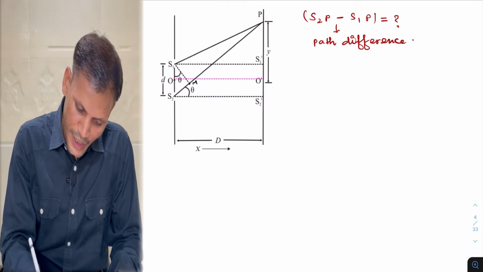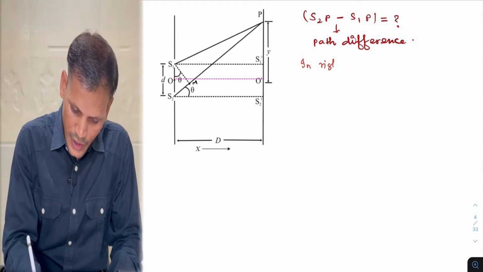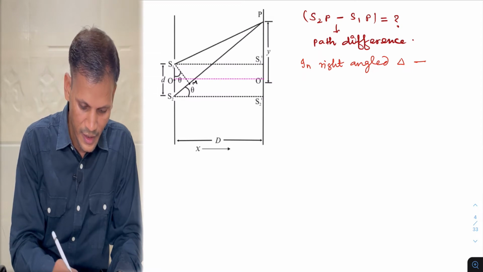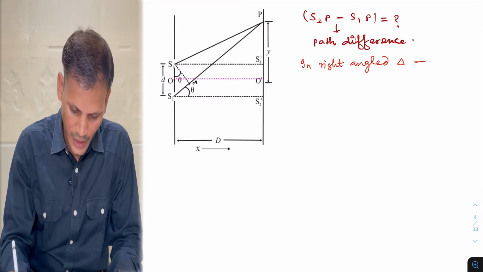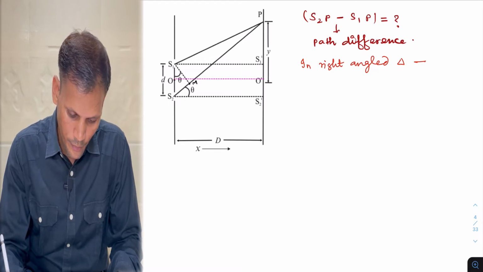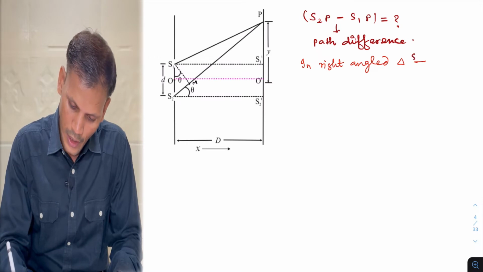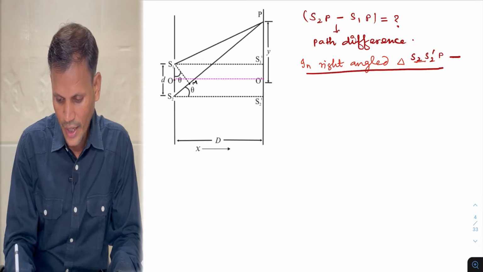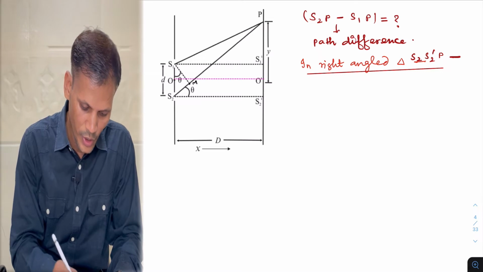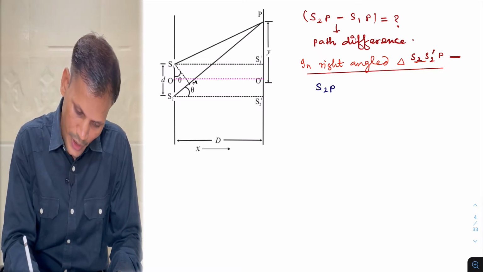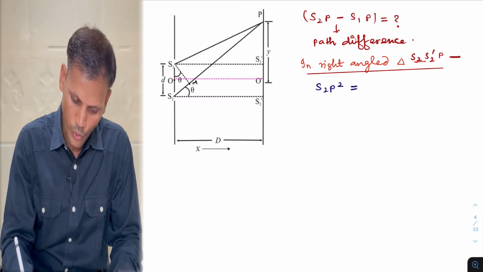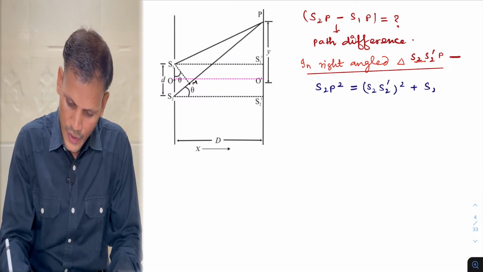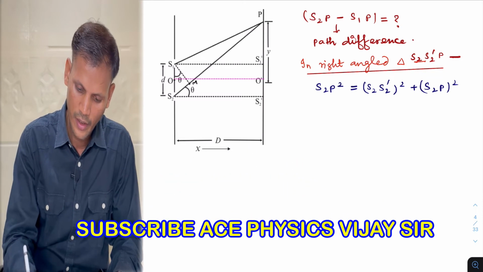So in the right angled triangle S2 S2 dash P, according to Pythagoras theorem, we can write S2p square is equals to S2 S2 dash square plus S2 dash P square.